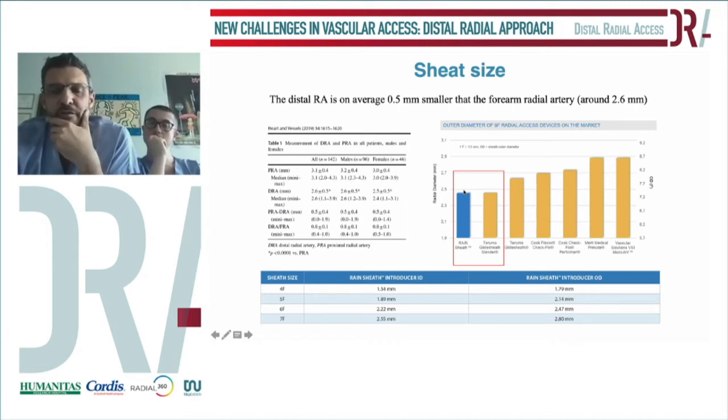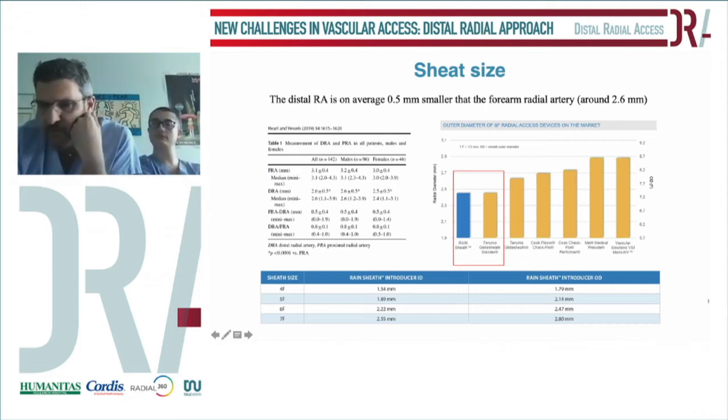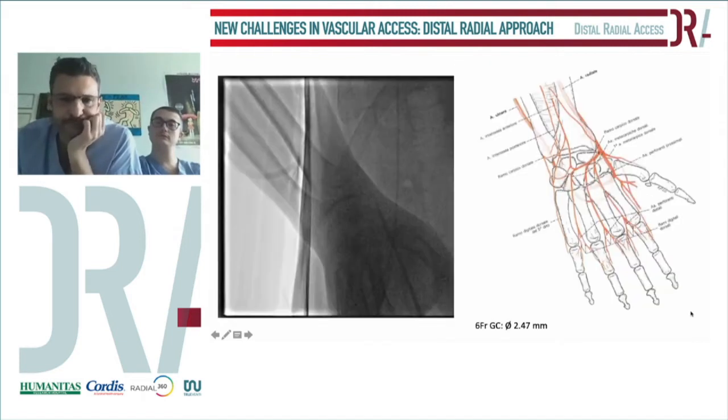That is perfect. It's compatible with the mean diameter that was found in this study about the diameter of the distal radial access. So we can advance in a very safe way a 6 French RAIN sheath introducer through the distal radial access.